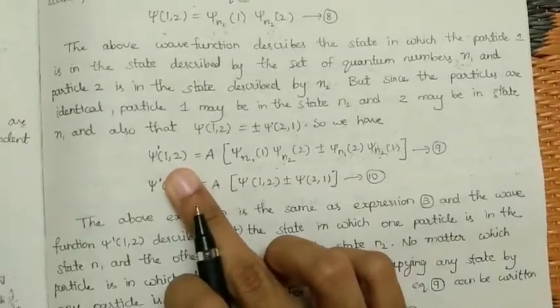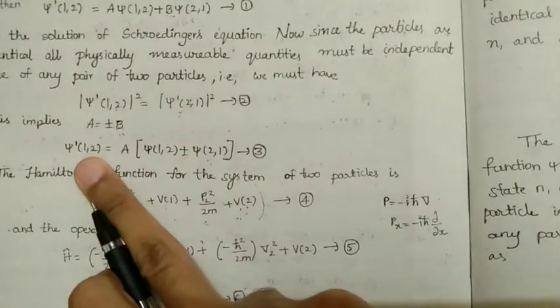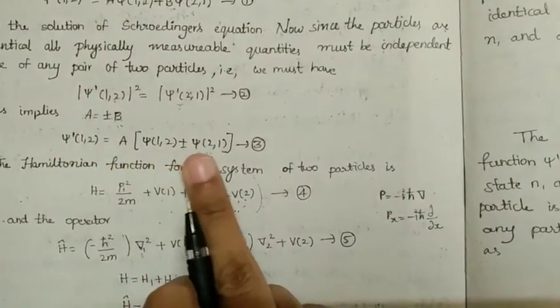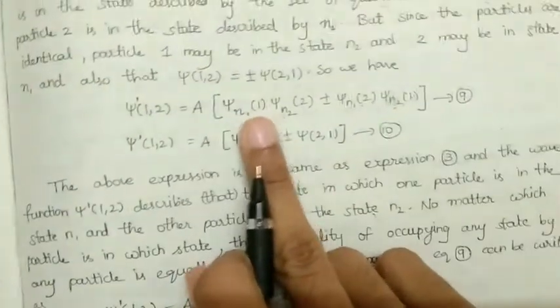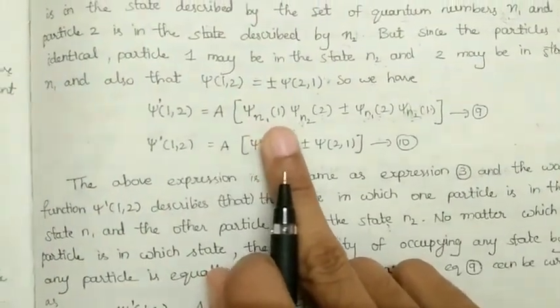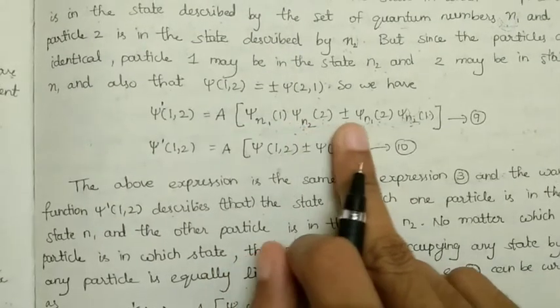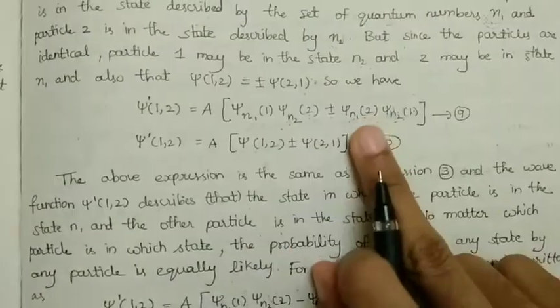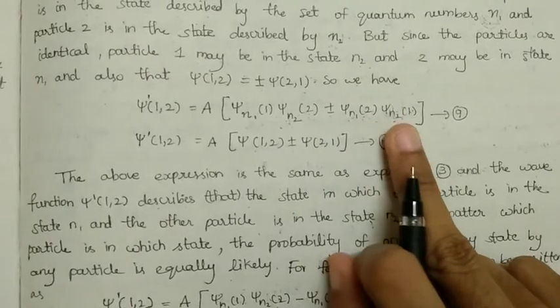Now xi dash of 1,2 is A times xi of 1,2 plus or minus xi of 2,1, from this equation. A is as usual. So xi of 1,2 is replaced with xi n1 of 1, xi n2 of 2, and xi of 2,1 is replaced with xi n1 of 2, xi n2 of 1.